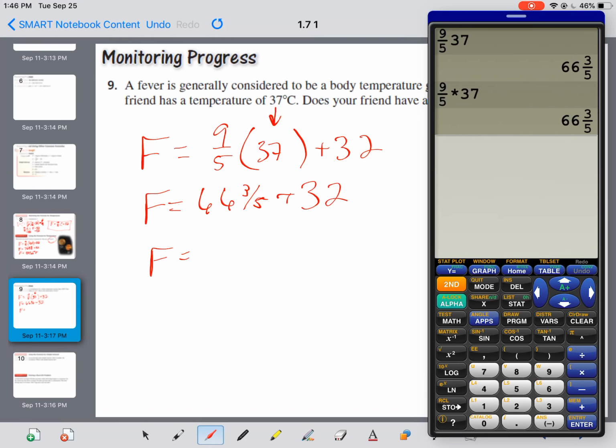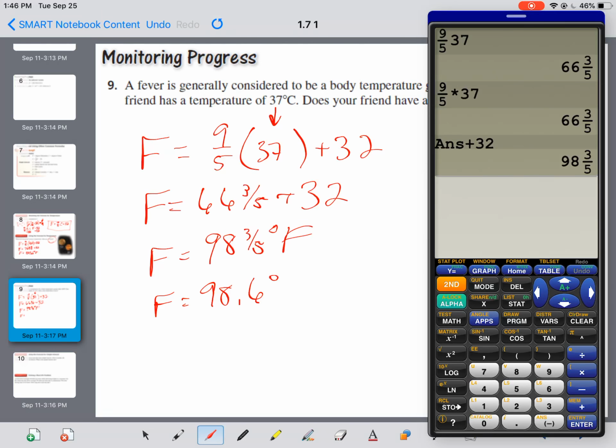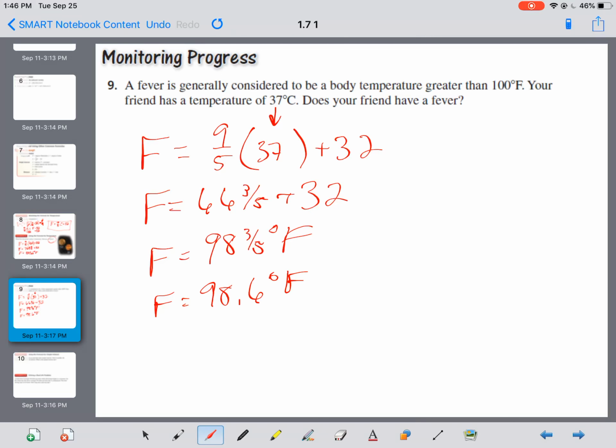Okay, good. Then we're going to add 32. So that's 98 3/5 degrees Fahrenheit, or 98.6 degrees Fahrenheit. So is that a fever? A fever is greater than 100, so do they have a fever? No. They actually have about average body temperature.